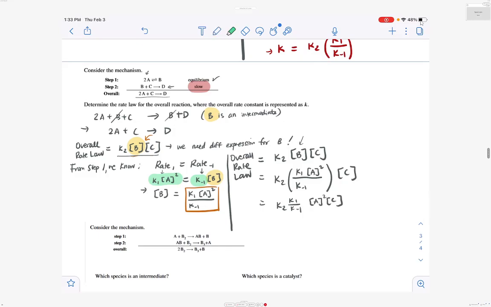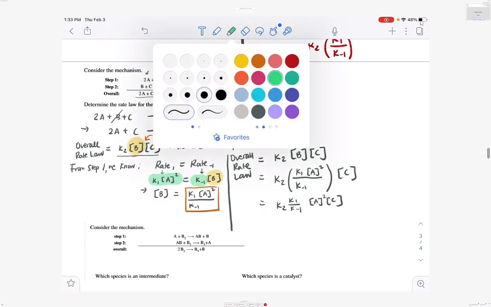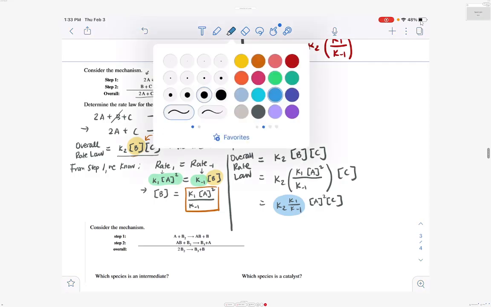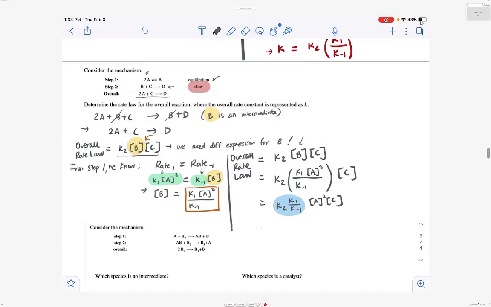I just put these on one side so that it's easier for you to visualize. Okay. This is the rate constant for the overall reaction.